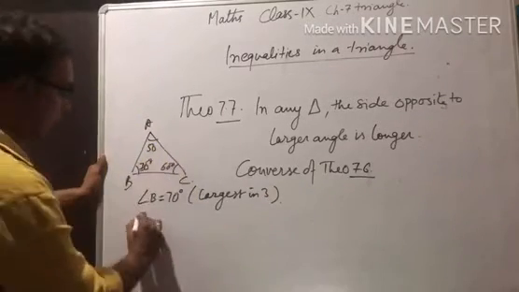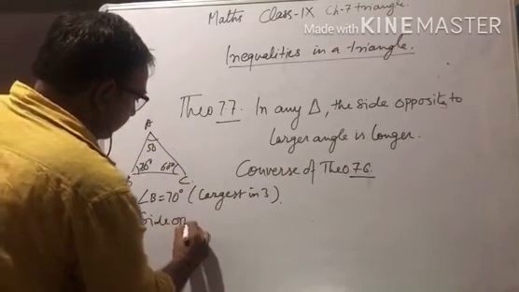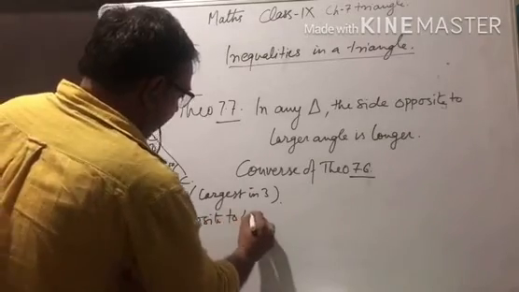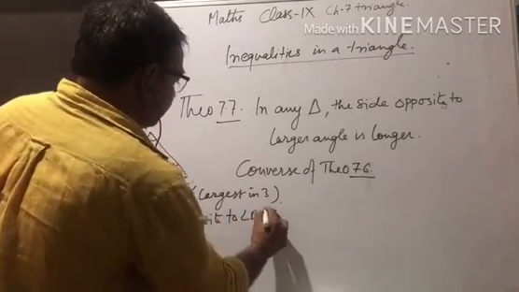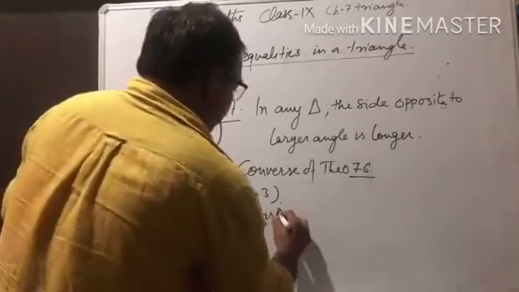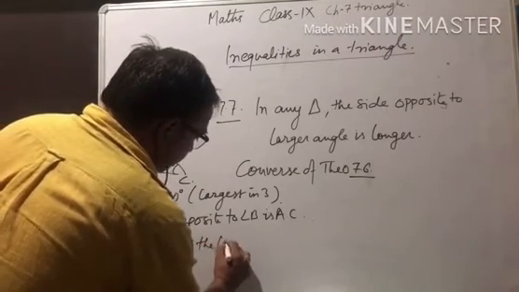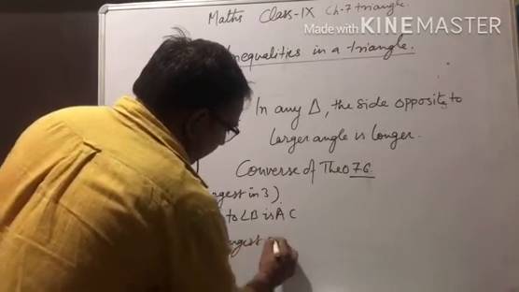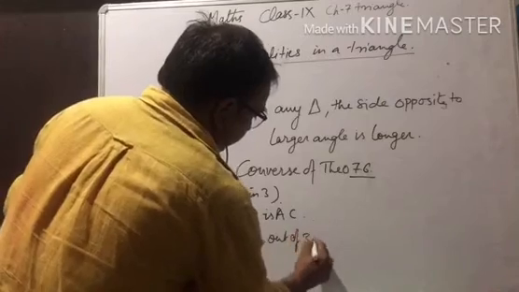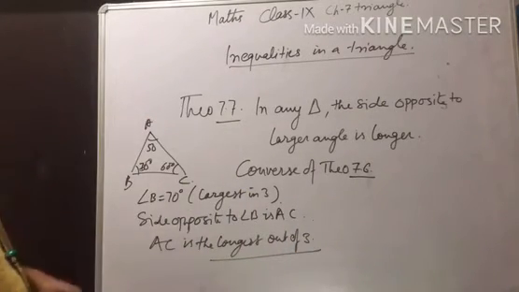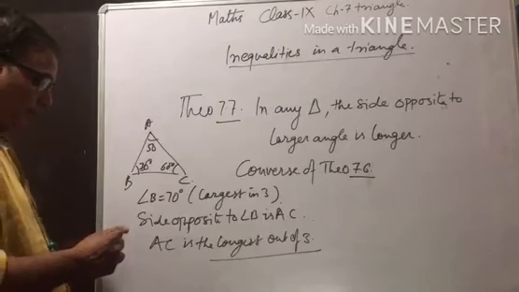So the side opposite to angle B is AC. So AC is the longest side out of 3. This is theorem 7.7. So I think now it is clear.